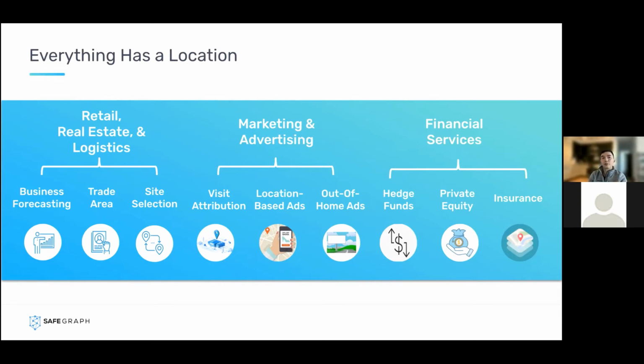Moving on to the type of industry that I worked in before, marketing and advertising. We actually have a lot of use cases here as well. I think a lot of people who think of modern digital marketing and advertising think about being able to track individual users and then see whether they purchase online or not. But because of the importance of retail, pandemic notwithstanding, I think understanding location with respect to retail has continued to be important, and we've seen strong applications there.